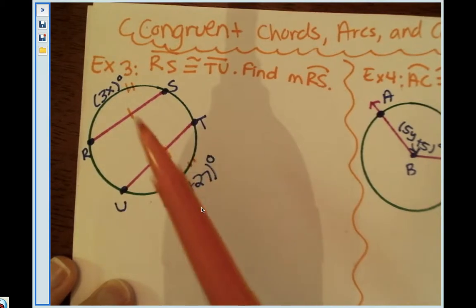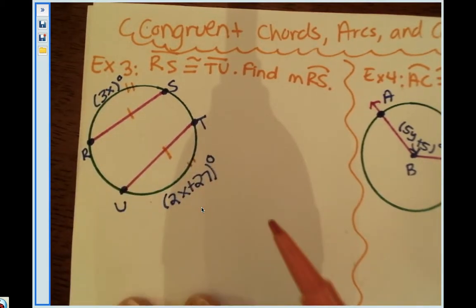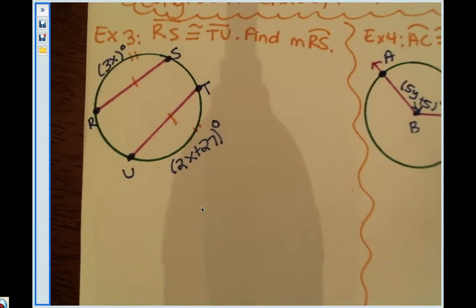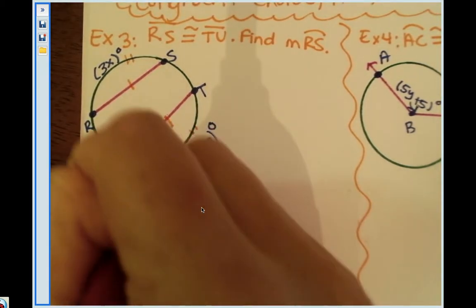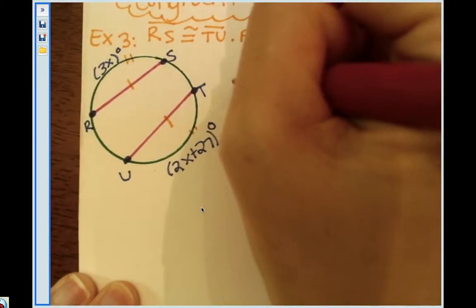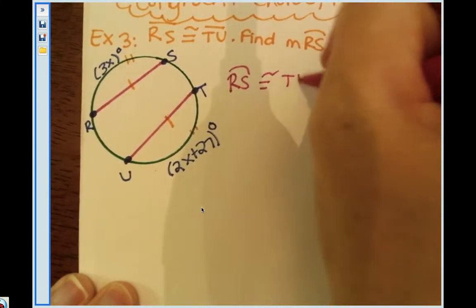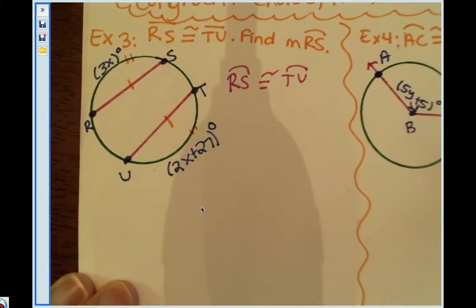So now that I know that these two arcs are congruent, how can I use that information to help me solve? I can set those bad boys equal to each other. Guys, so I know over here that RS is congruent to TU because of that nifty property we talked about.